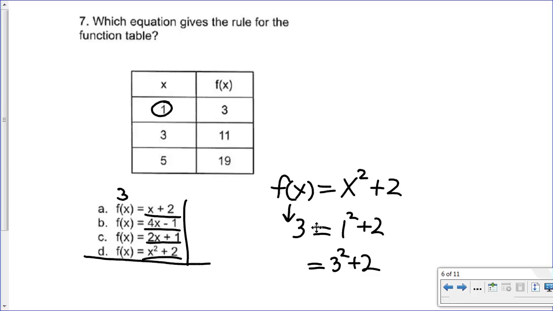You just plug these values right here in for these x's, and then do all this other stuff to them, and that's it. And that will give you a number. Okay, and that is what your f of x will be. It will give you a value. So hopefully that's enough to answer that one, if you were confused on that one.